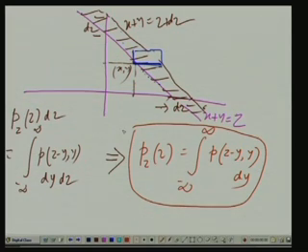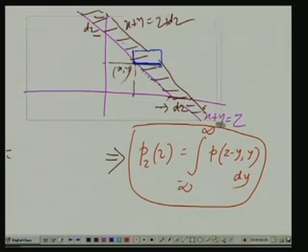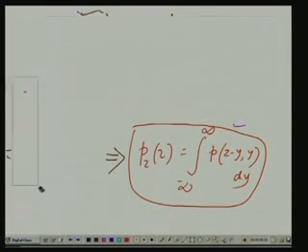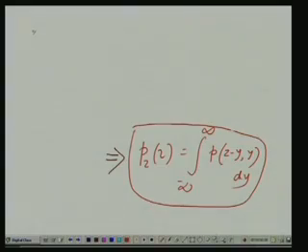Now comes something very important. Suppose x and y are also given to be statistically independent. In that case, the joint probability will be what? Product of individual probabilities. In that case, what happens to P z?